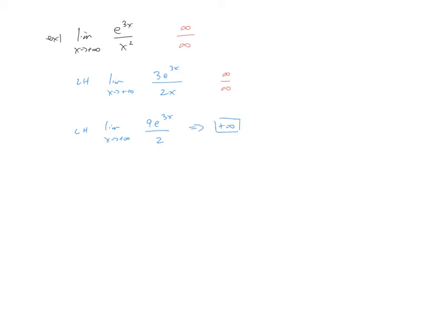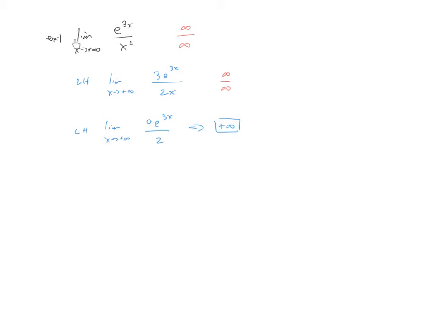So there would be our final answer for that one. There's nothing that says you can't continue iterations of L'Hopital's rule, but it is important that you always have a 0 over 0 or an infinity over infinity before you apply this.